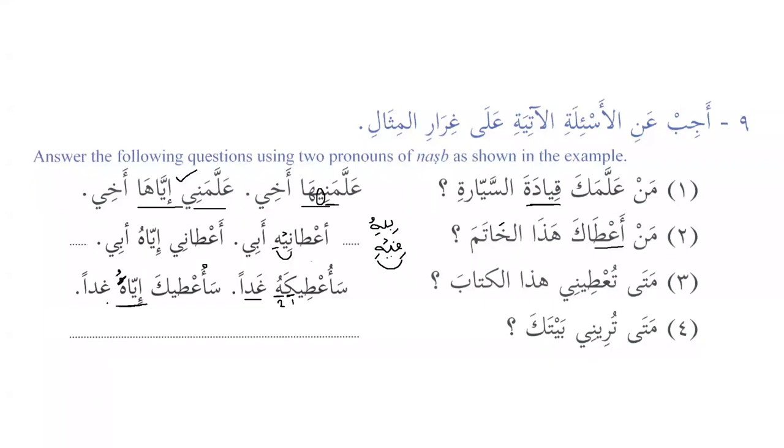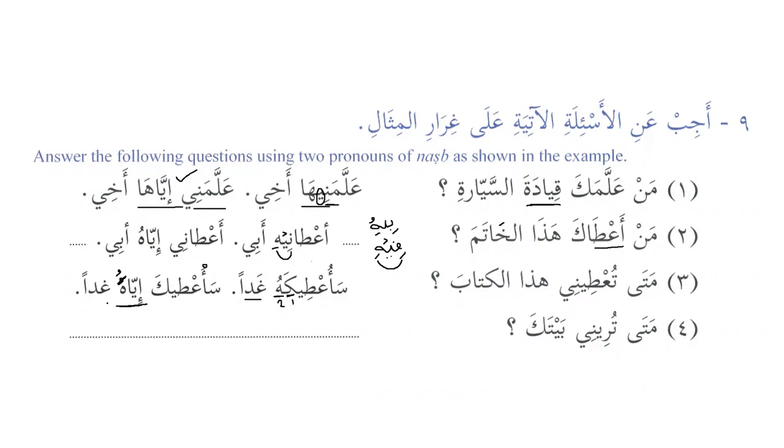Okay, متى تريني بيتك؟ When will you show your house to me? Let me see. Ara yuri, we have discussed a lot about this verb. So you say, I will show it to you after some time. سأريكه بعد قليل.